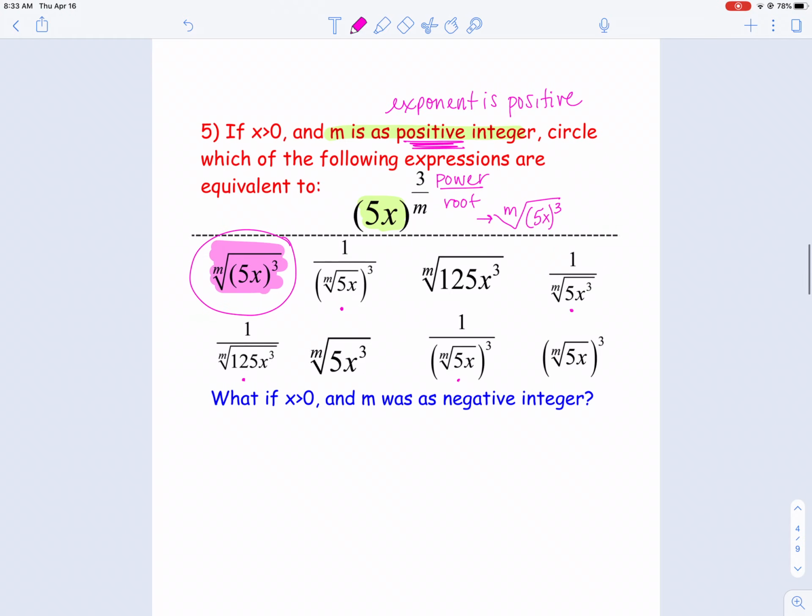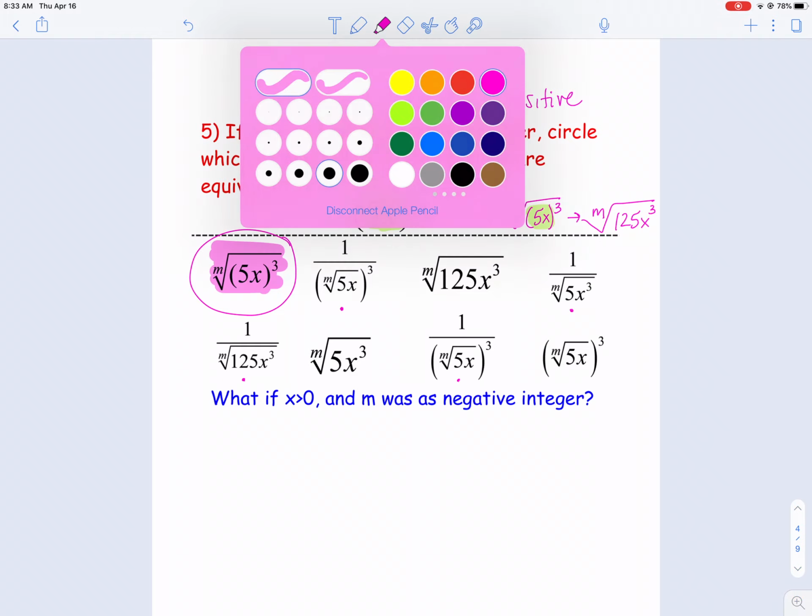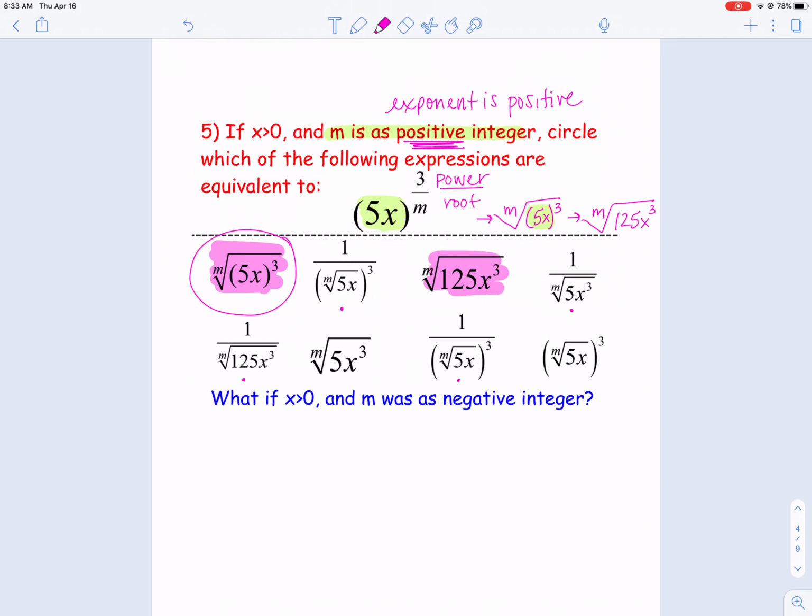If I write this out, 5x 3 times, guess what I get? This can be simplified to the mth root of 125x cubed. So this is also correct, a choice I'm circling.